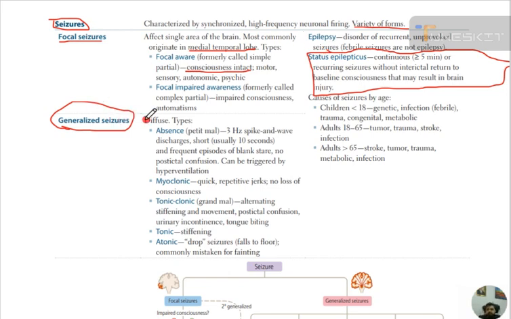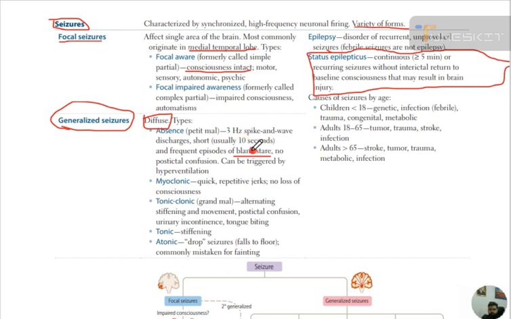Generalized seizure, diffuse, involving the whole body. It has multiple types like absence seizure, petit mal seizure, 3 Hz spike and wave discharge, short, usually less than 10 seconds, and frequent episodes of blank stare. Most of the time, parents come with a child and they complain that our child is continuously looking at the floor or some space.